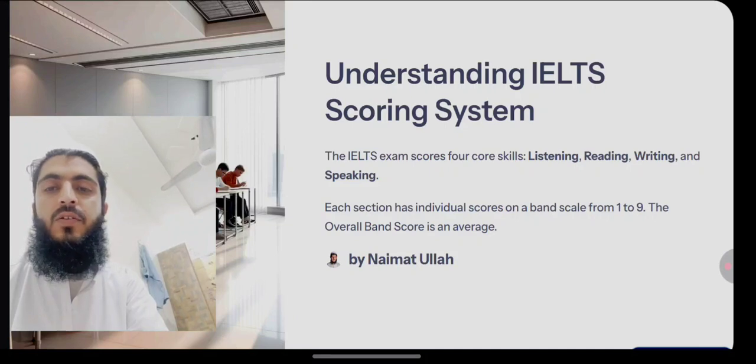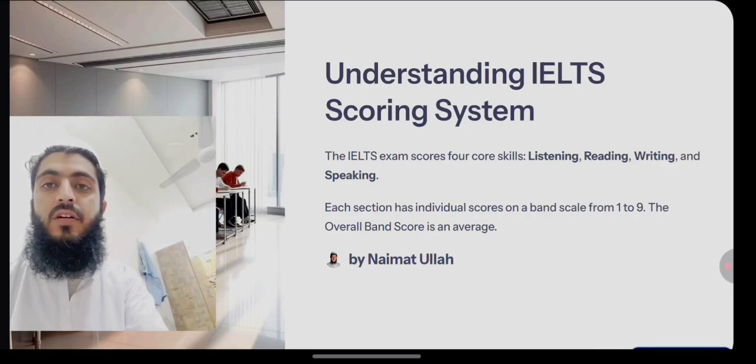The overall band score is an average. So, not like other exams, the Cambridge IELTS exam doesn't score our result in numbers or in percentage, but instead they mark it on a band scale from 1 to 9.